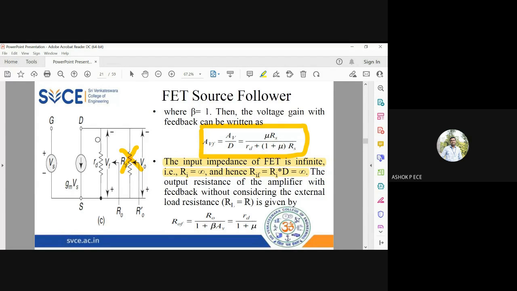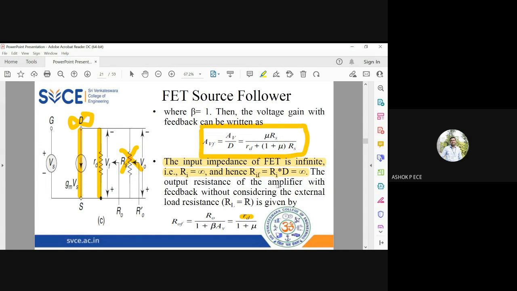You have one resistance RD and you have one current source GM into VGS. You know the resistance of current source is infinity, and current source and RD are in parallel. So what is infinity parallel to RD? Anything parallel to infinity is that resistance. So infinity parallel to RD is RD. So output resistance is given by R naught equal to RD.